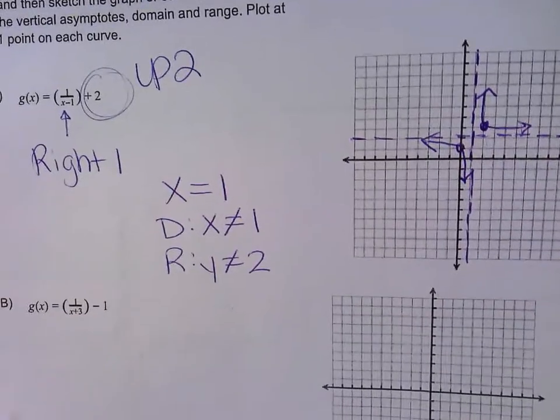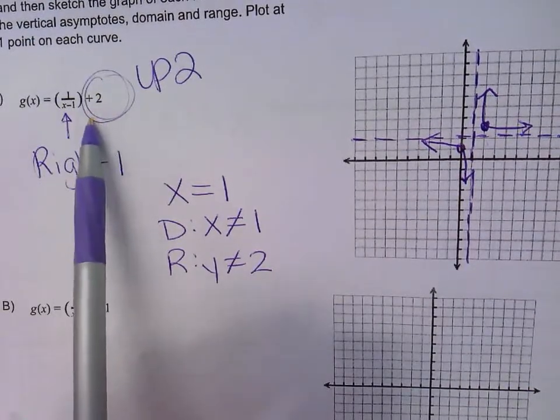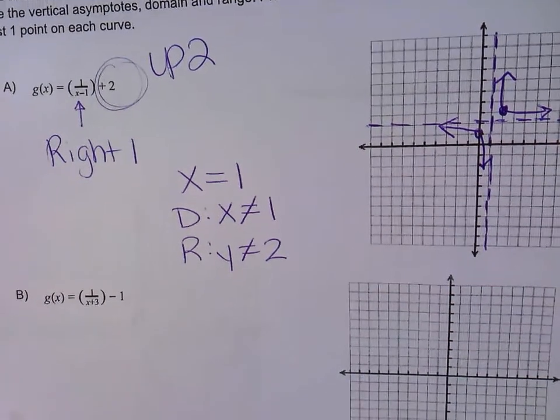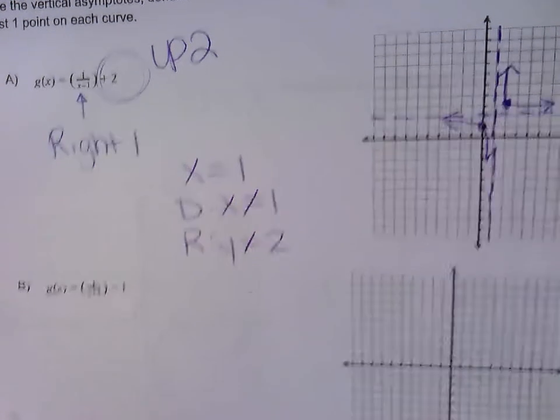So that's just shifting the parent function. The rules that we're going to be studying are a little bit different than this, but I think it's good to look at just the basic parent function with our transformation rules. See if you can do B. B is very similar to A. C has that extra transformation of a flip, but I think we can do it. So try B. So think about, are you going left or right?